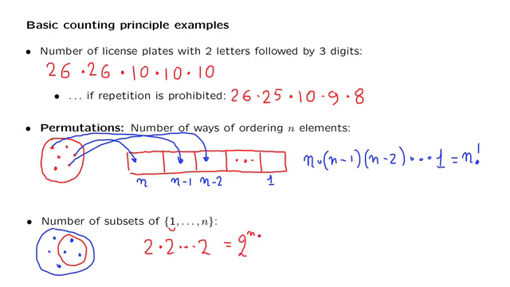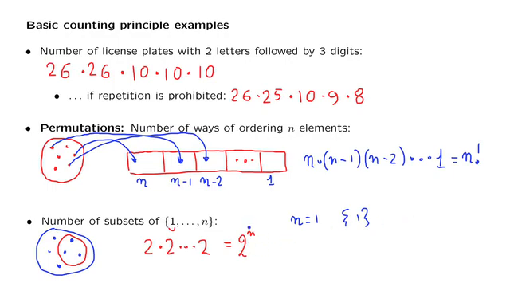At this point, we can also do a sanity check to make sure that our answer is correct. Let us consider the simple and special case where n is equal to 1, which means we're starting with a set with one element, and we want to find the number of subsets that it has.